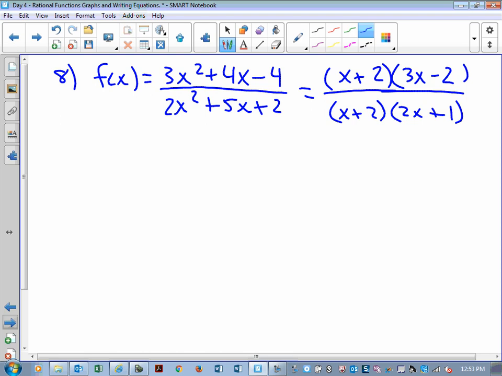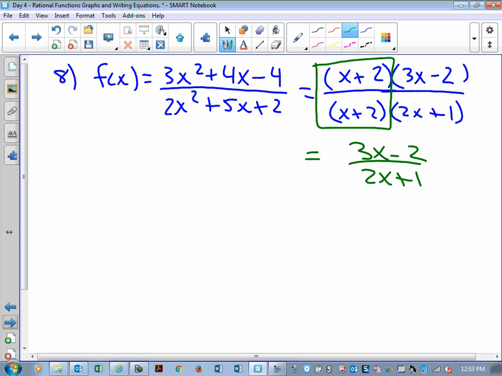Now, if you have a numerator and a denominator that are the same, we just spent 2 days simplifying fractions, adding, subtracting fractions, solving fractions. So if I were to simplify this, these would cancel out, and I would have 3x minus 2 over 2x plus 1, right?